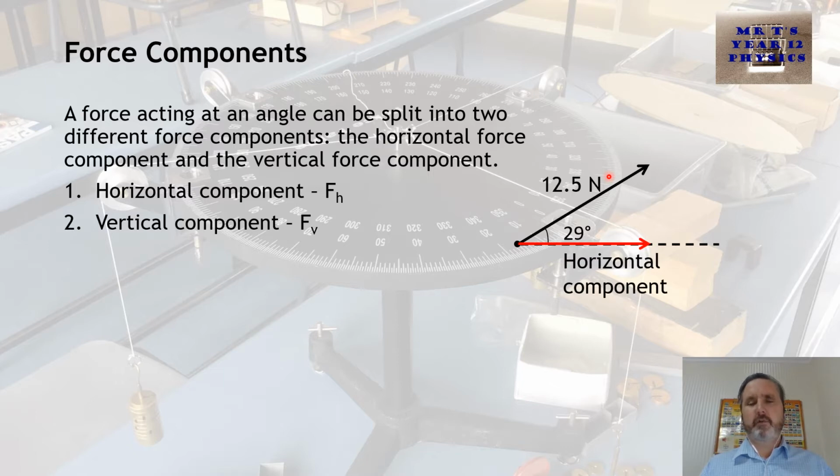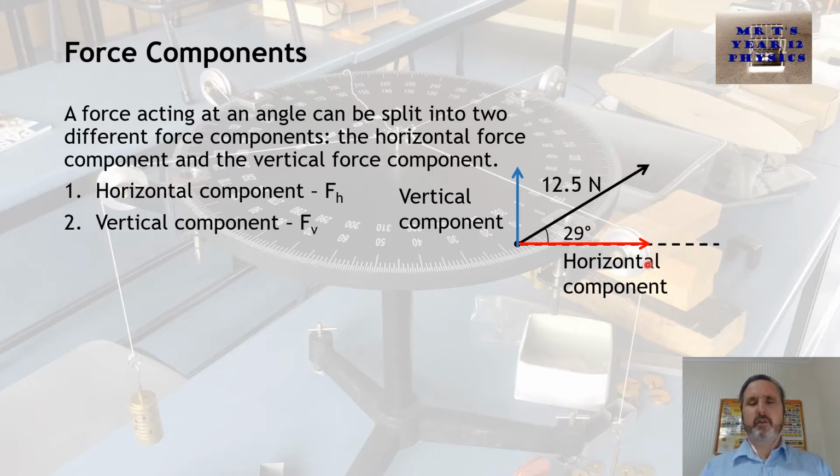The horizontal force component is a horizontal line that goes all the way horizontally as far as our initial force vector, and the vertical component does the same, going the same height as our initial vector.